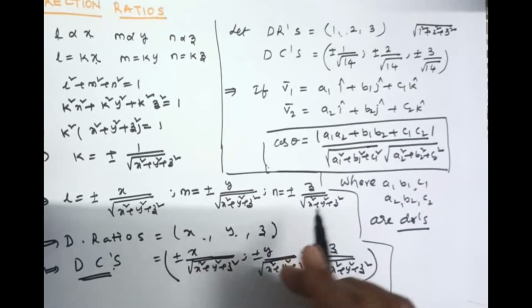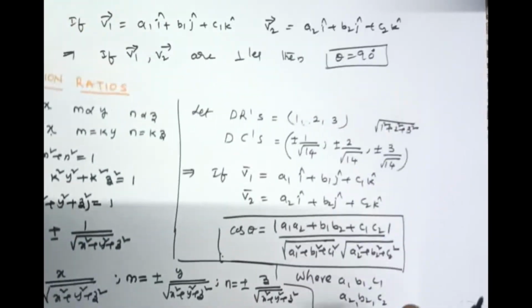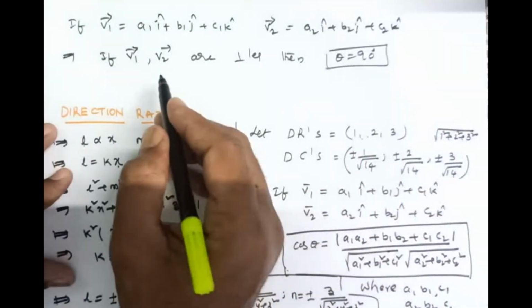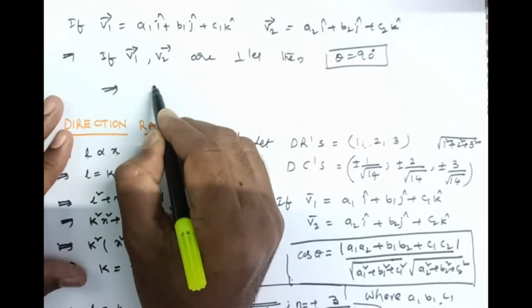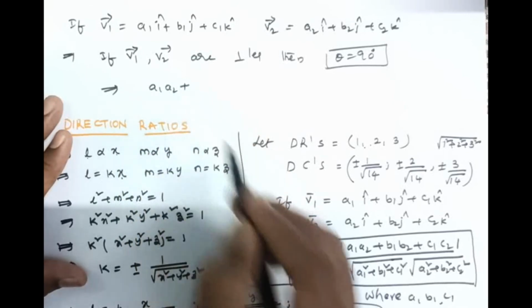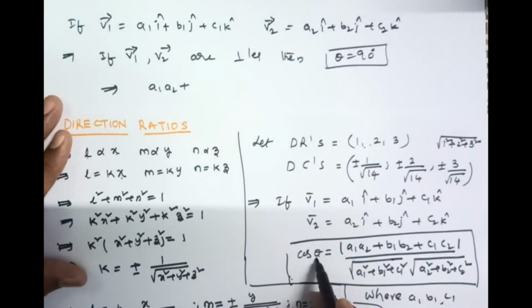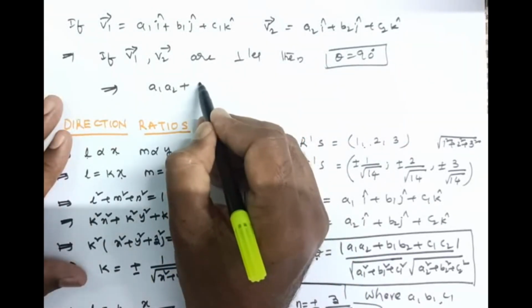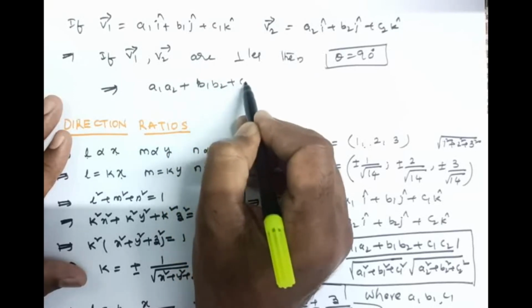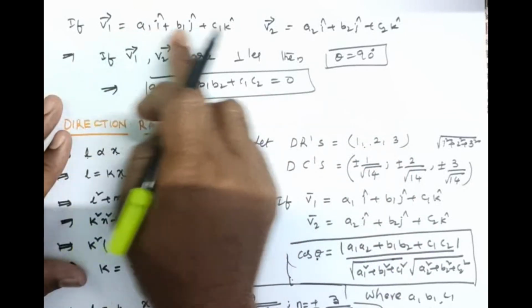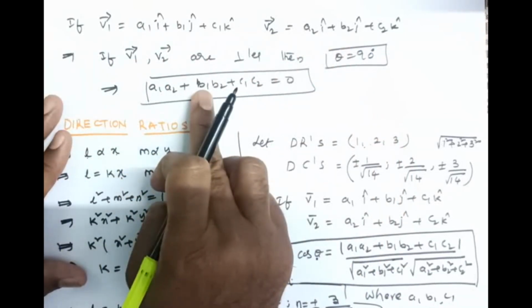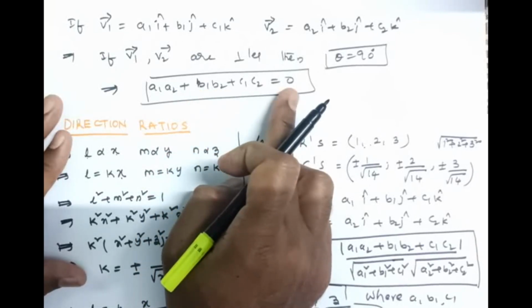In our previous derivation, cos theta becomes cos 90, which is 0. So the condition becomes a1 a2 plus b1 b2 plus c1 c2 equal to 0. So when two vectors v1, v2 are perpendicular, the condition is a1 a2 plus b1 b2 plus c1 c2 is equal to 0.